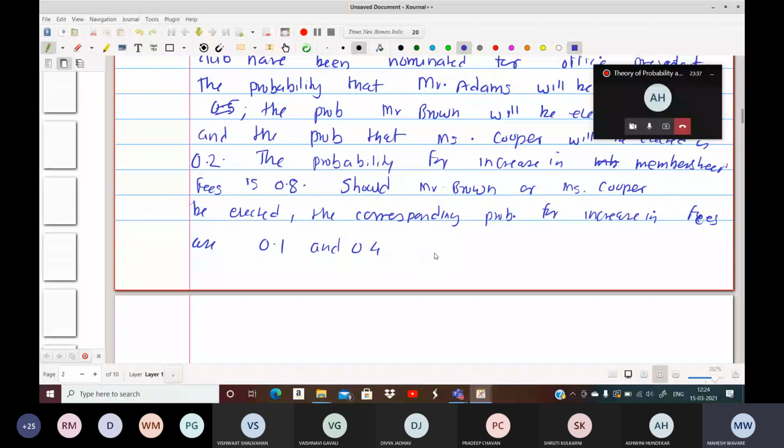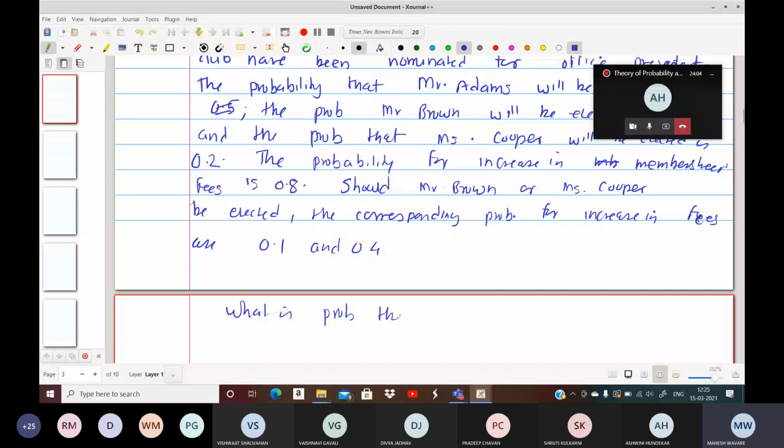What is the probability that there will be an increase in membership fees? The probability of A is to be found.